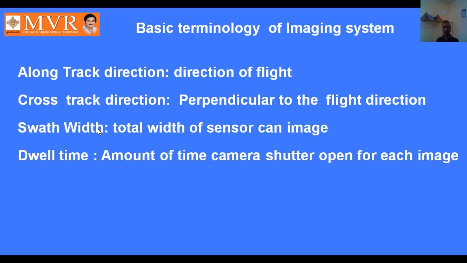What is the direction of flight, how the sensors are scanning, how much area the satellite swath covers, and how much time the camera shutter is open for each image. I will explain this in detail in the next class.